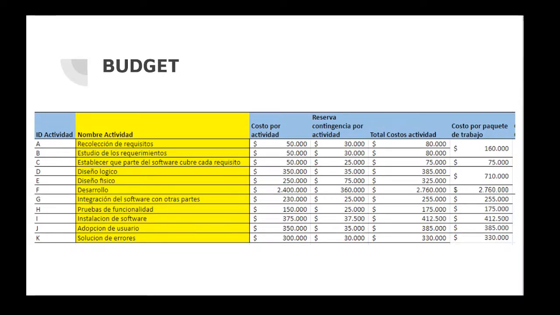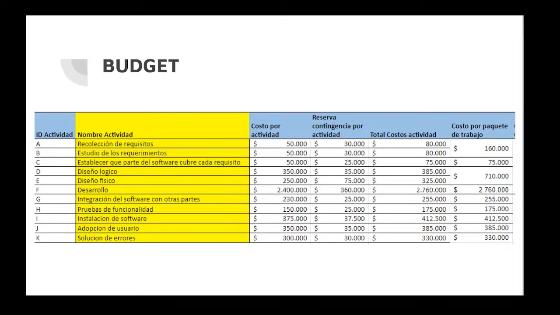Software installation, at a cost of 375,000, the reserve of 45,500 pesos, and the total cost to be 420,500 pesos.